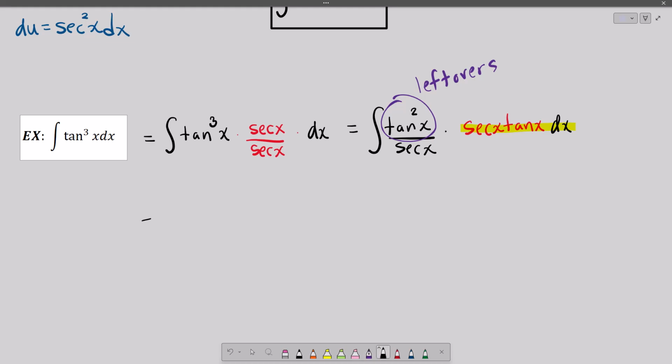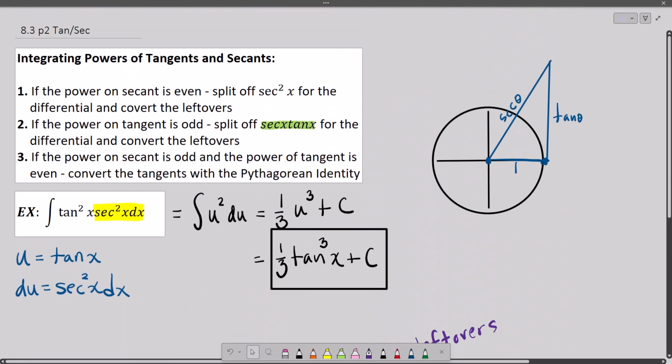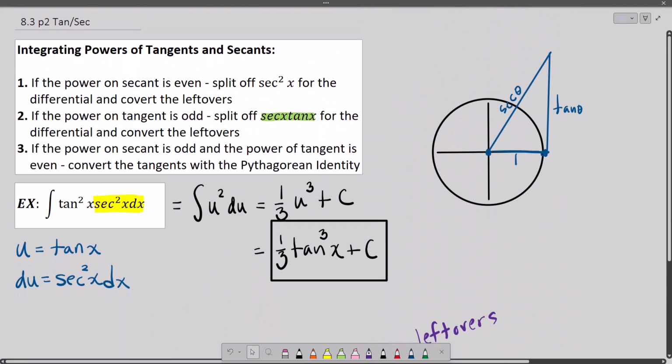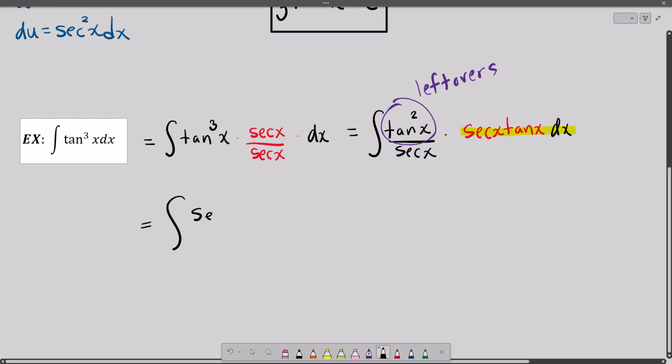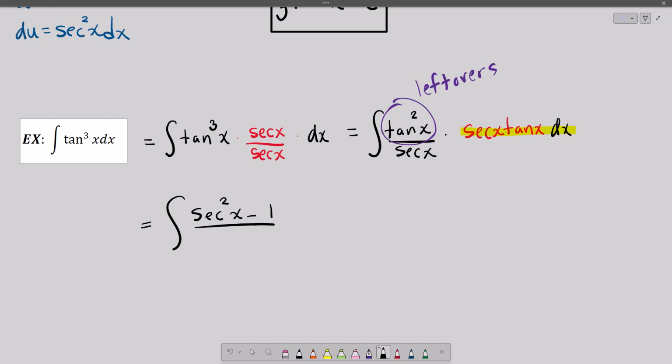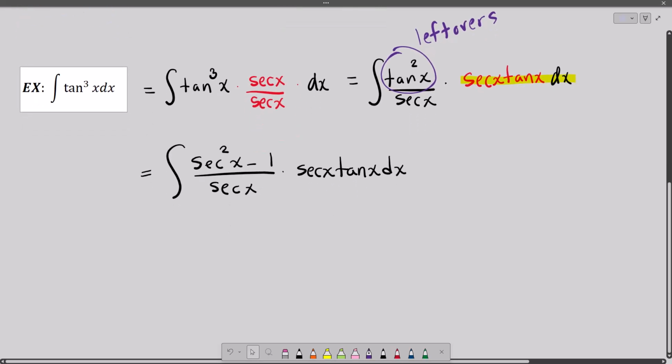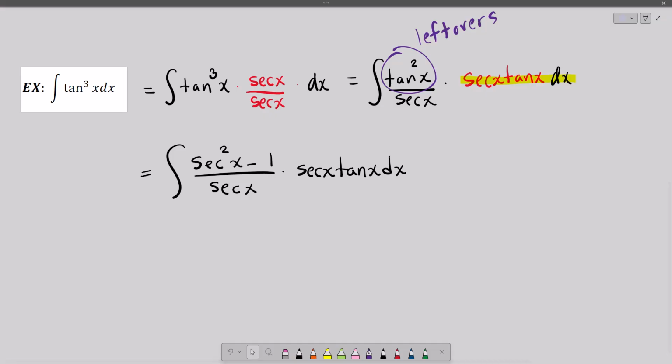So we left two tans behind. We know from our identity that tangent squared is secant squared minus 1. So we have secant squared minus 1 divided by secant, multiplied by secant tangent dx. Now we are ready for u substitution. If we let u be secant, du is right there. It's what we pulled off.